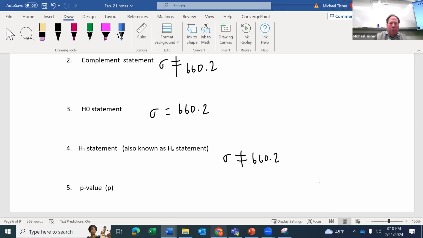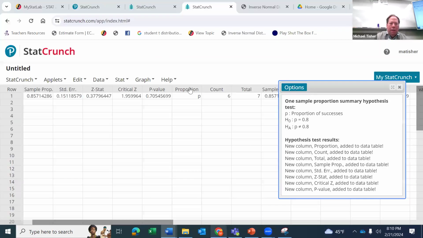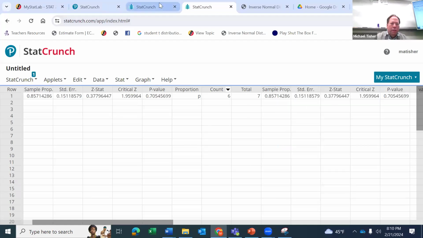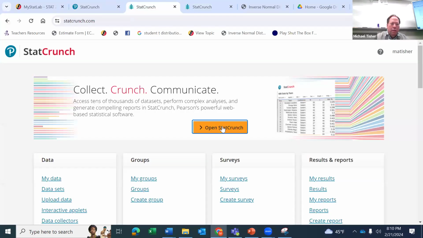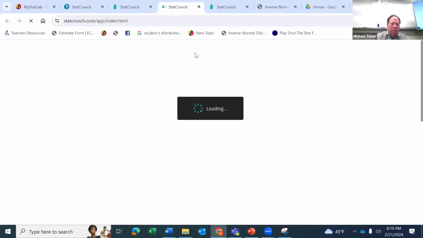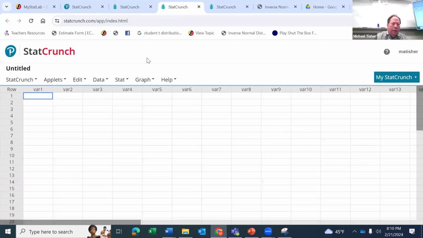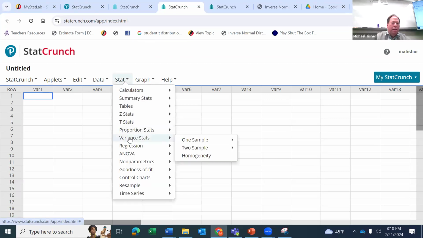Okay, so again, StatCrunch will help us for this one. Okay, this time go to Stat. And then we normally would choose the standard deviation stats, but let's choose variance stats, okay? So if we're doing a standard deviation or variance, just choose variance stats, okay?